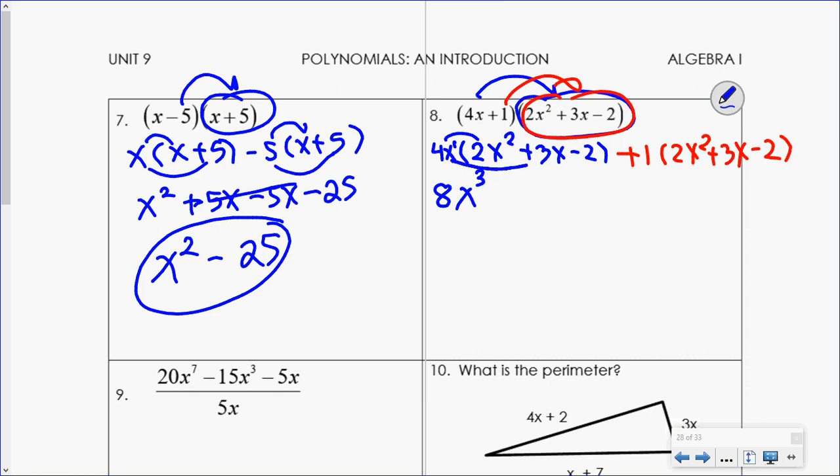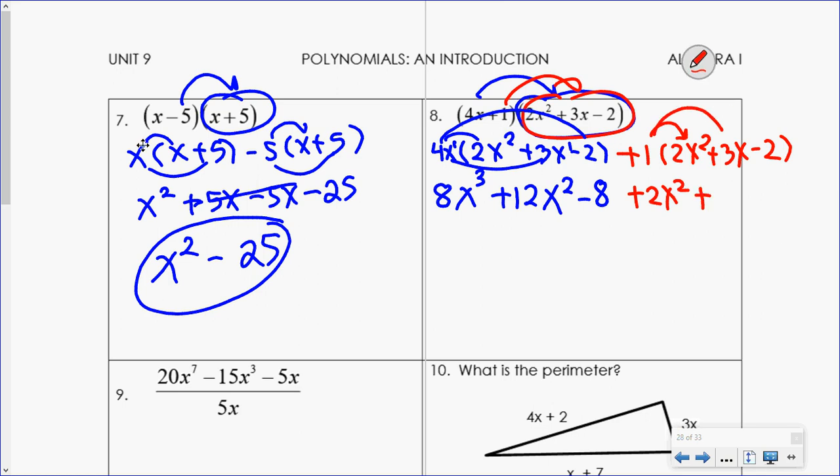Then 4 times 3 is 12. I have x to the 1 times x to the 1, and I get x squared. Then 4 times negative 2 is negative 8. With the next, I have 1 times any number is itself, so 1 times 2x squared is 2x squared. 1 times 3x is positive 3x. 1 times negative 2 is negative 2.